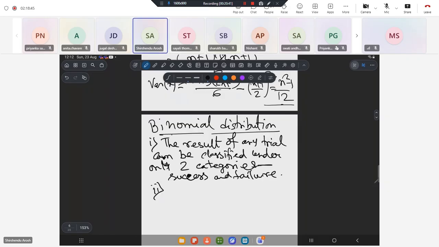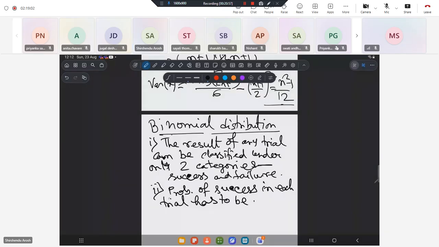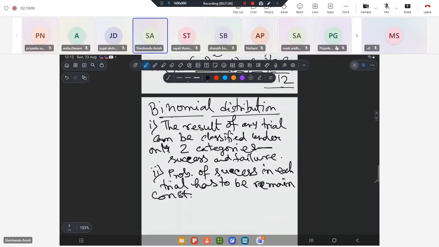The second assumption would be the probability of success in each trial has to remain constant. It cannot change in every trial.